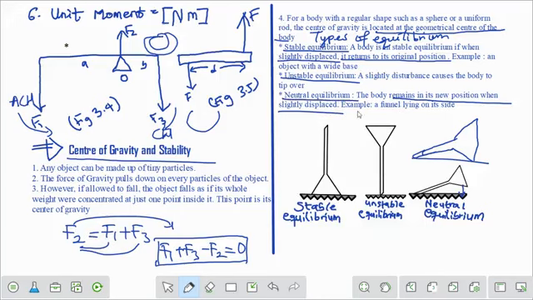And the examples are very, very important. A funnel lying on its side is an example. They may give something like this and ask, which one is neutral? Which one is stable?